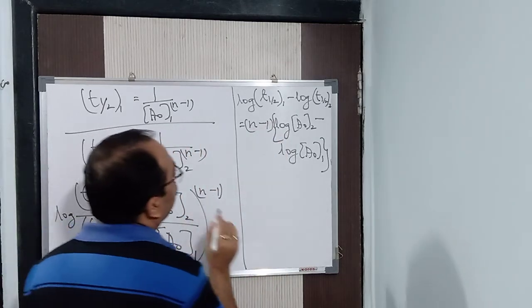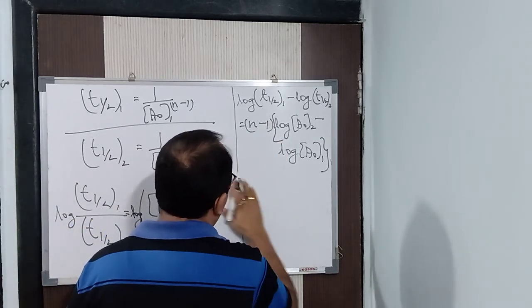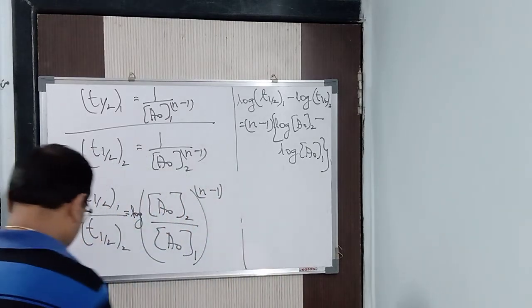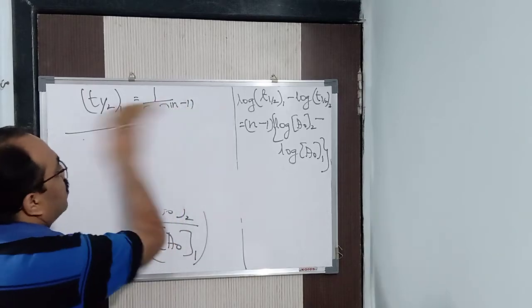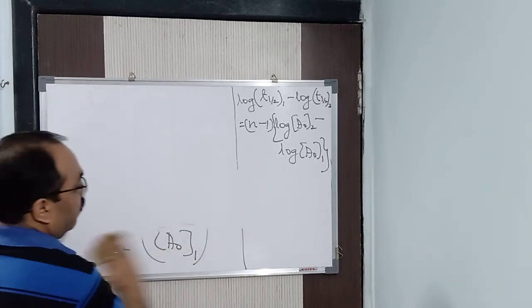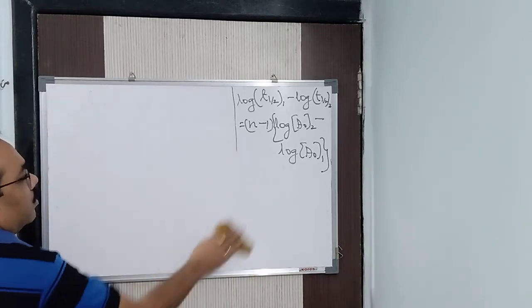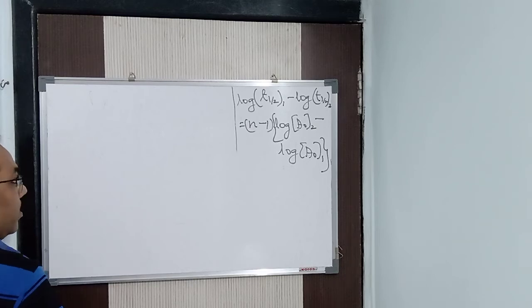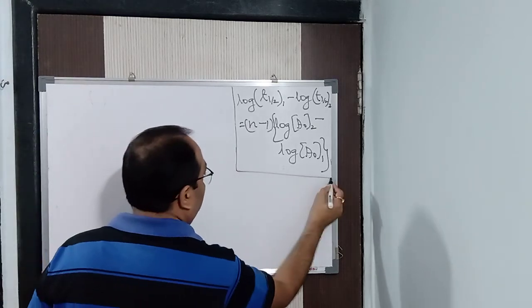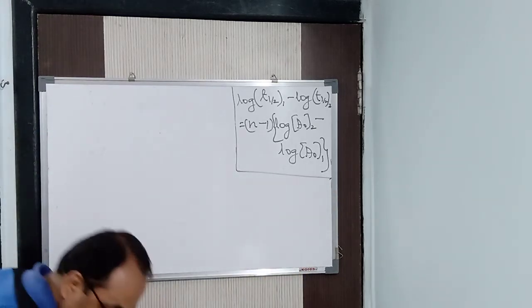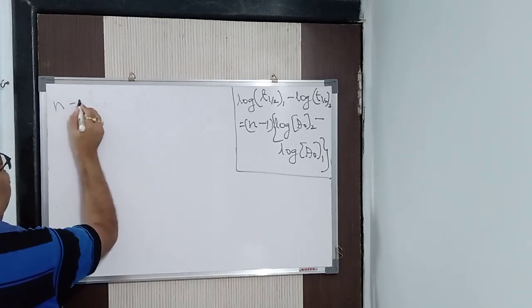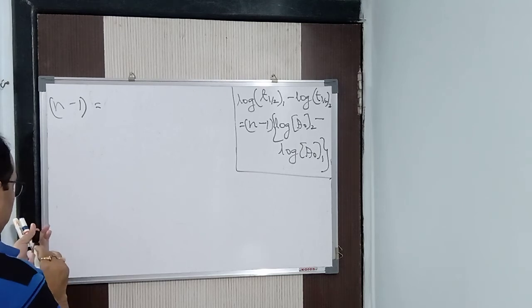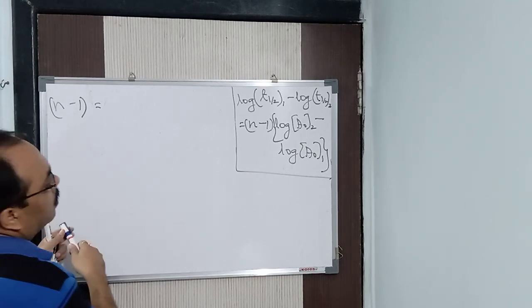Now, what will I do? Now, n minus 1. Let me rub this one, I don't require this anymore. I am rubbing it because I do not have space. So now, n minus 1 is equal to, what will I get?